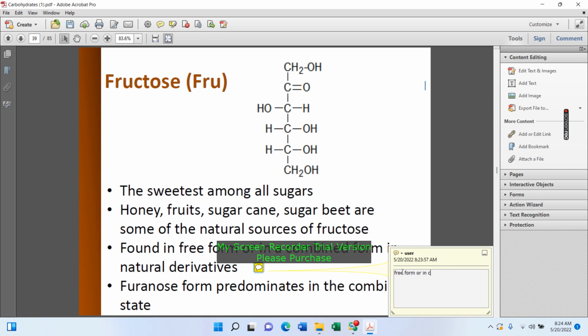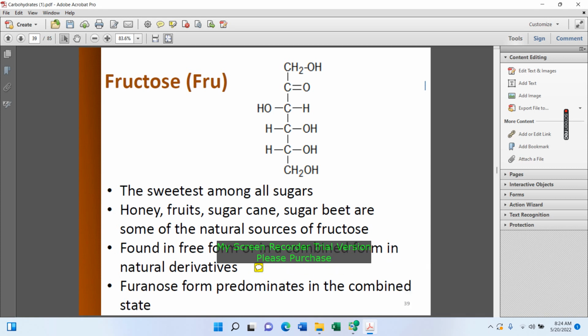Free form or in combined form from natural derivatives. Furanose form predominates in the combined state.